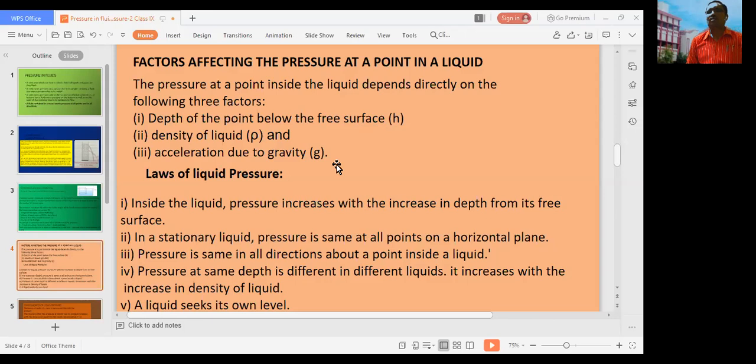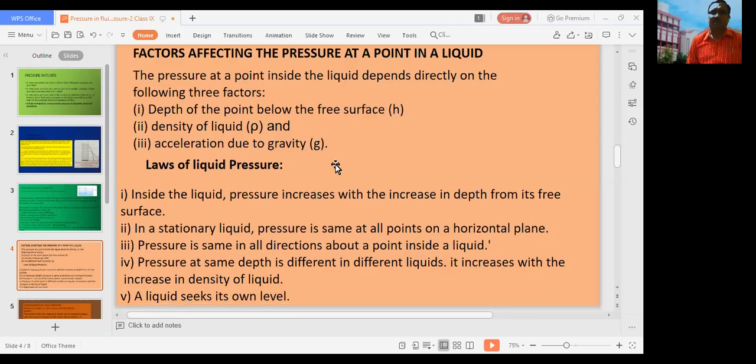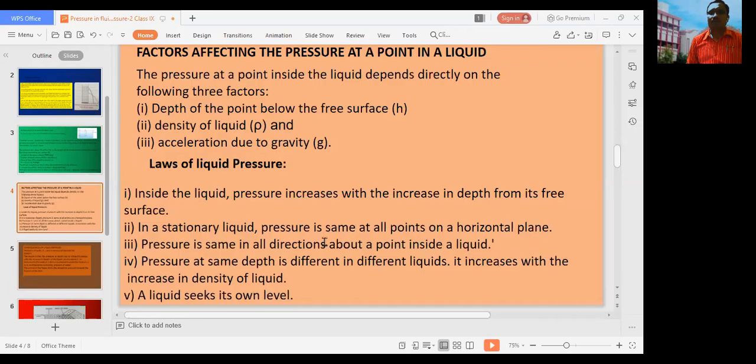Next, laws of liquid pressure. What are the laws for liquid pressure? Inside a liquid, pressure increases with increase in depth from its free surface. In a stationary liquid, pressure is the same at all points on a horizontal plane. Pressure is the same in all directions about a point inside a liquid.